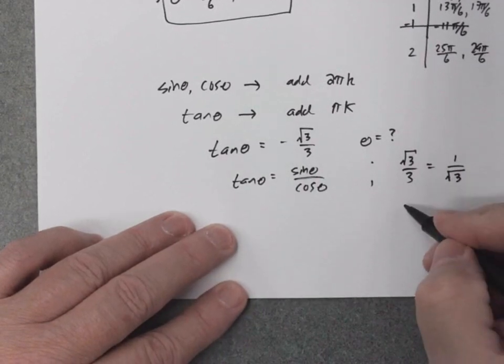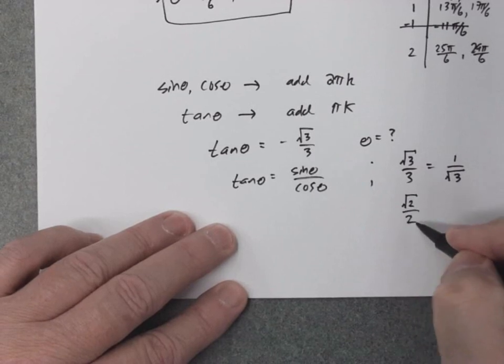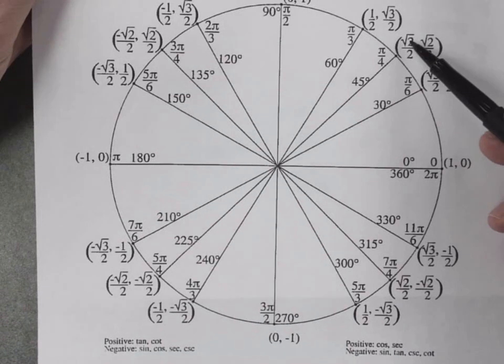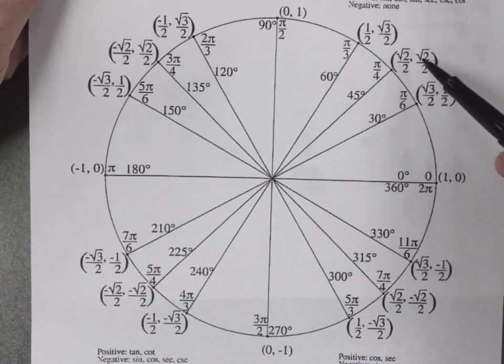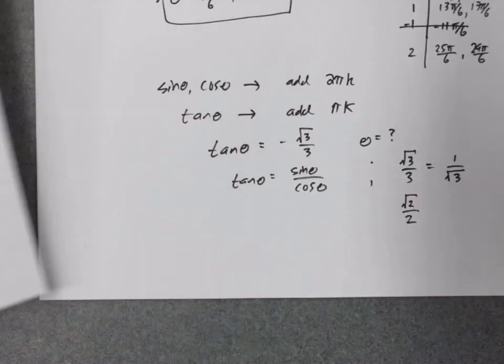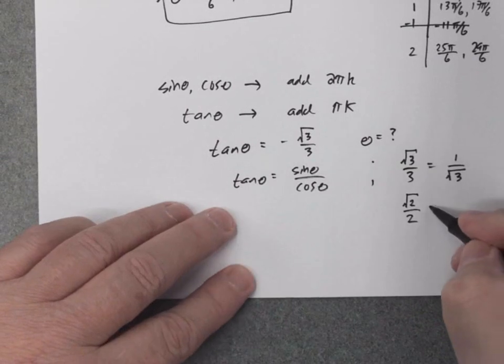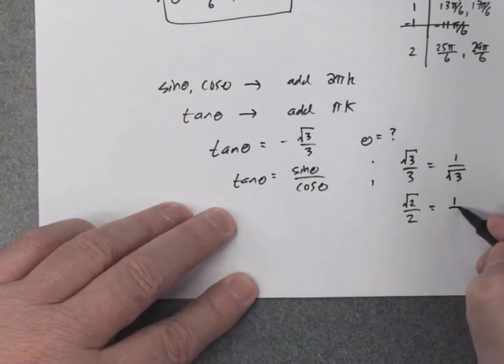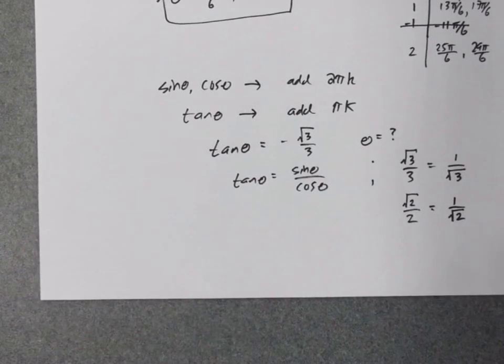This also becomes important later on. If you go to the unit circle, and you notice square root of 2 over 2 is pretty common for sine and cosine, it's important to know that this can also be rewritten as 1 over square root of 2.